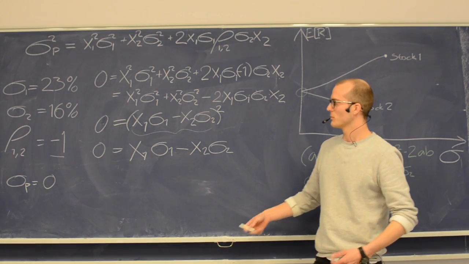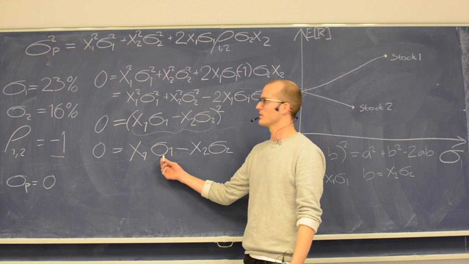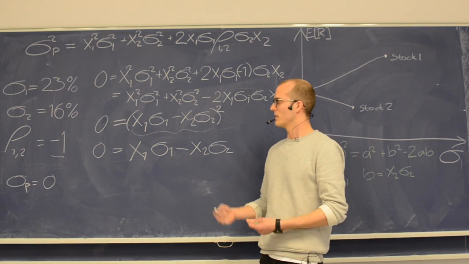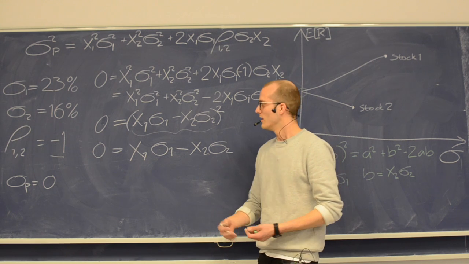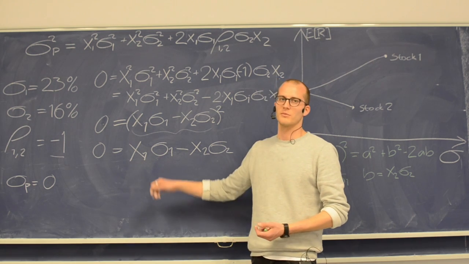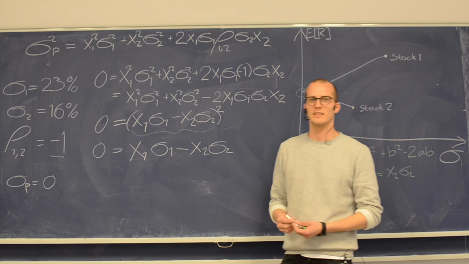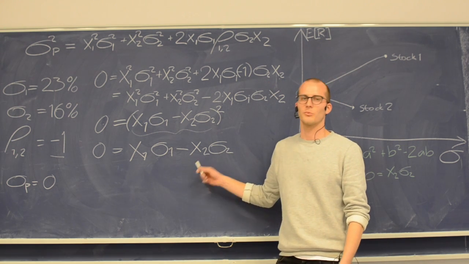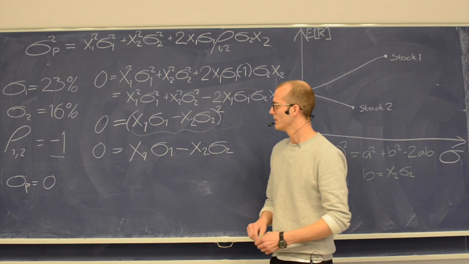This can be done by inserting the numbers for the standard deviations, and also concluding that we will invest 100% in total. So what we do not invest in asset 1 will be invested in asset 2. So the weight of asset 2 is 1 minus the weight of asset 1.